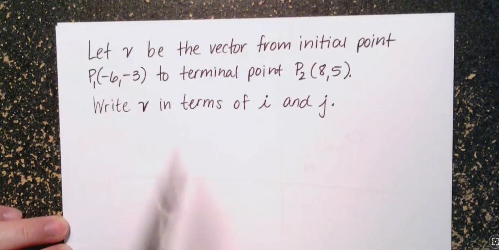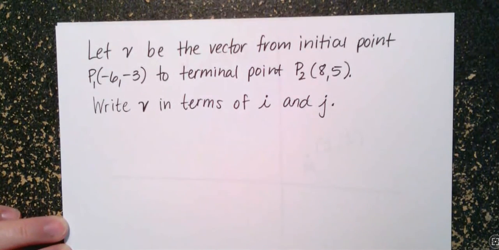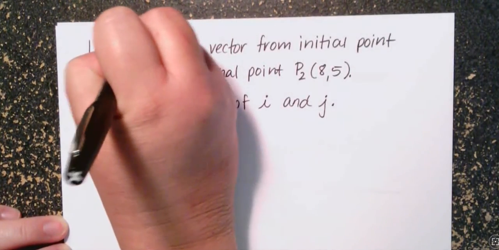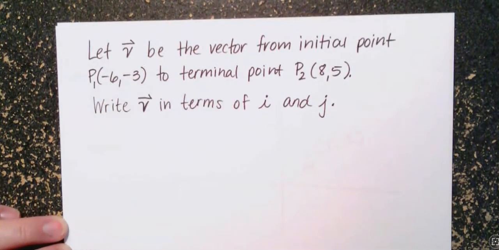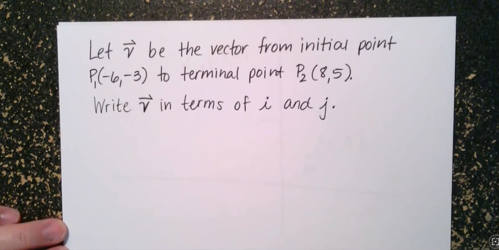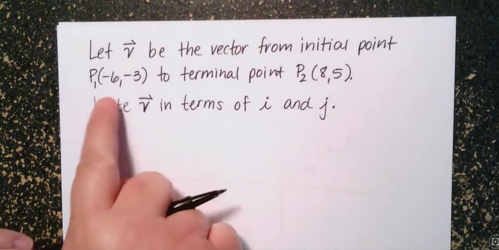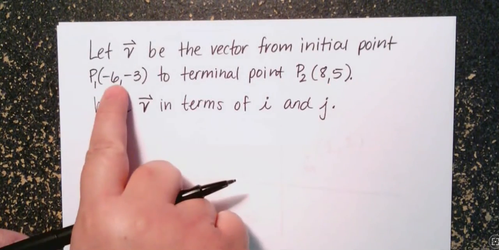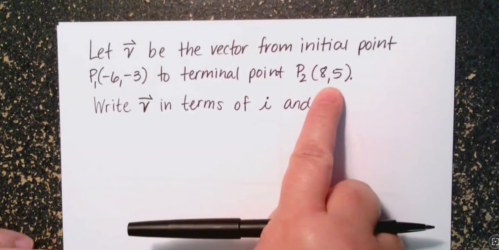They can also be written as a script letter, meaning kind of like an italicized letter, or they can also be given this little symbol over the top. So different notations exist, and you just need to basically figure out what your book or your teacher wants to use. Now, in this particular problem, I'm giving my starting point, my initial point, and my ending point, my terminal point.